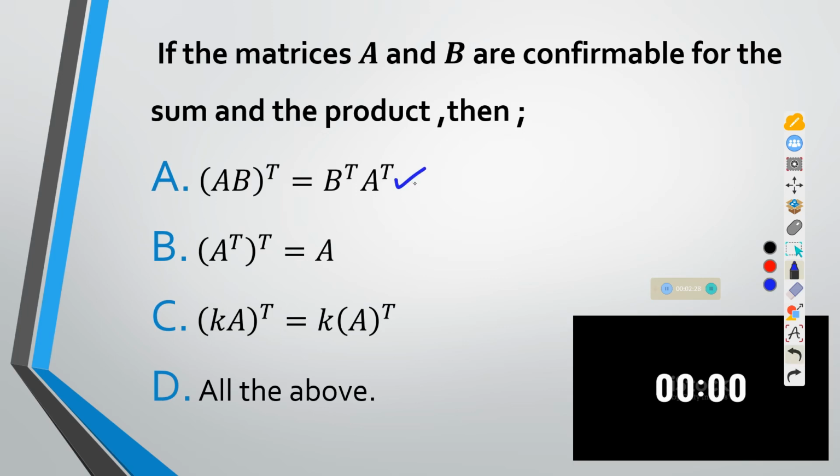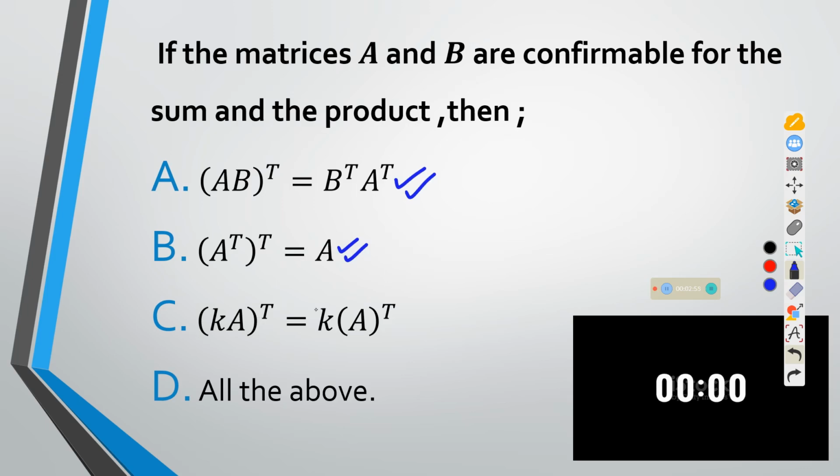This is true for matrices. Then if you take A transpose and again take the transpose of A transpose, you will come back to the same matrix A. So this is true, because transposing twice brings you back to the original matrix.